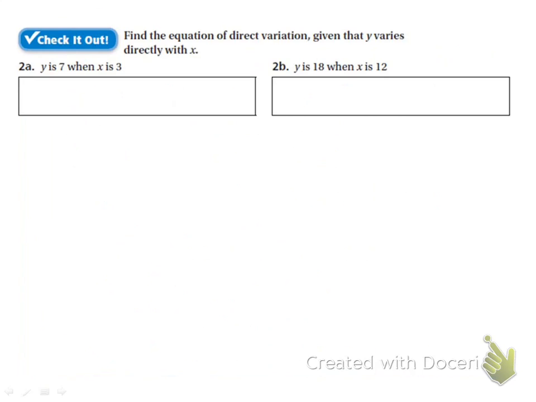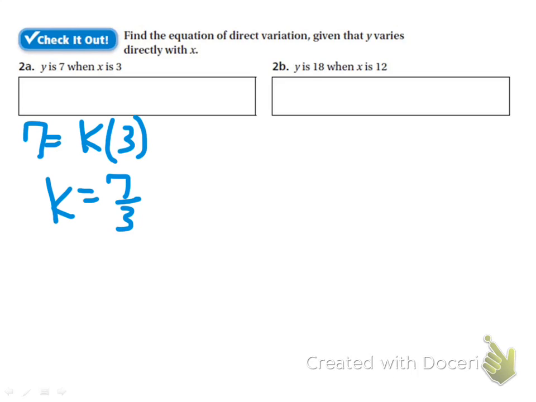Okay, I'd like you to pause the video and do check it out 2A and 2B on your own. Okay, you should have substituted in 7 equals k times 3, and you should have found that k equals 7/3.